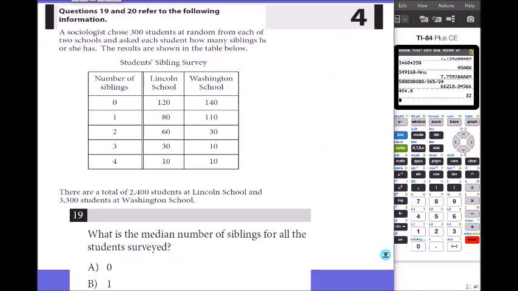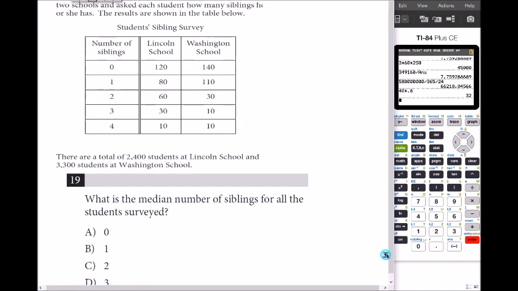19. There are a total of 2,400 students in Lincoln School and 3,300 students at Washington School. What is the median number of siblings for all the students surveyed? So median is the middle number.